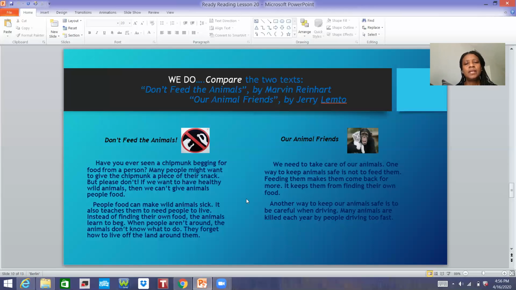Now I need to think about what text 1 is saying that text 2 isn't saying. And that's how we're going to contrast and tell how they are different. So I want you to take a moment and turn and talk to someone and think about how text 1 is different from text 2.